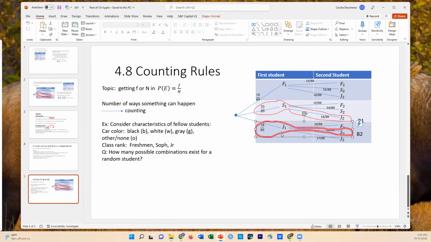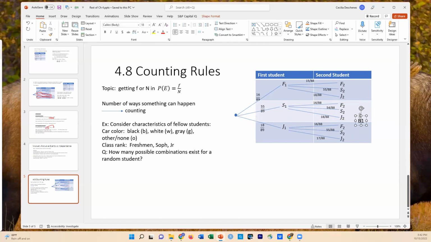Let's see if we can select this and erase it. Might have been more effort to erase everything than to just start fresh, but those are the joys of doing stuff on PowerPoint versus just drawing it on a piece of paper.